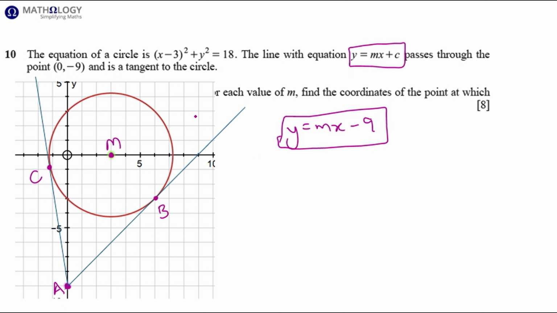So the best approach to finding the value of m is to equate the circle to this line over here. So we're going to substitute mx minus 9 in for y.